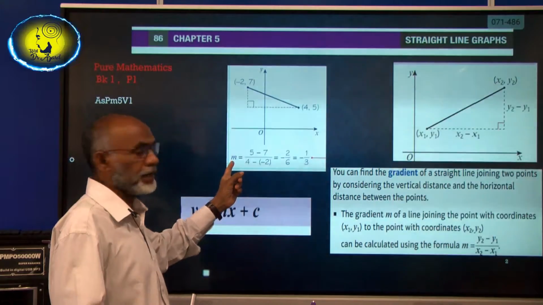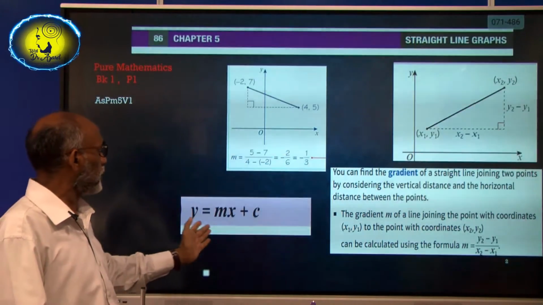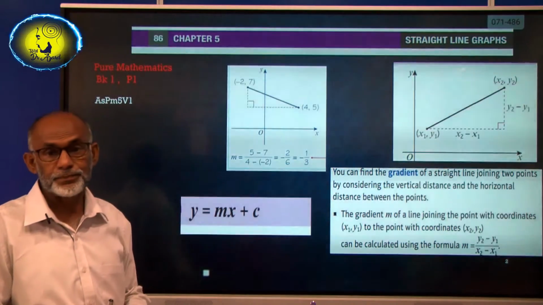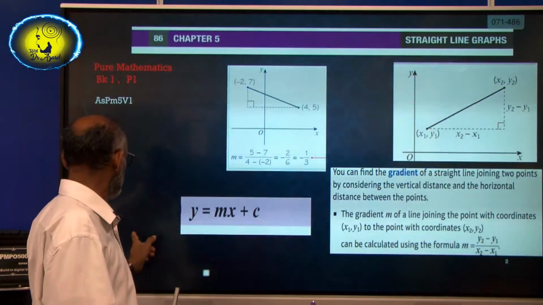Once you find the gradient, the equation of the straight line can be put into this format: y equal mx plus c. This is one of the formats of a straight line.